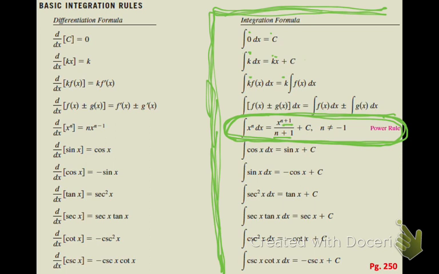And we also can add and subtract. We can break it up. So if I have f of x plus g of x, I can break it into the integral of f of x plus the integral of g of x. If I can take the derivative that way, it makes sense that I can do an antiderivative that way. It's one of those things that you shouldn't think about. You should just do it because that's how you would do the derivative.